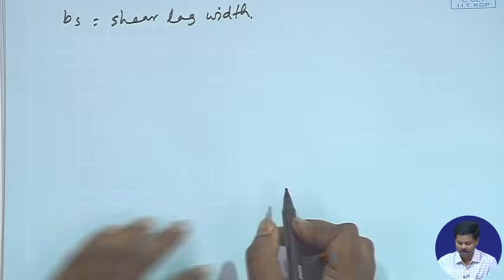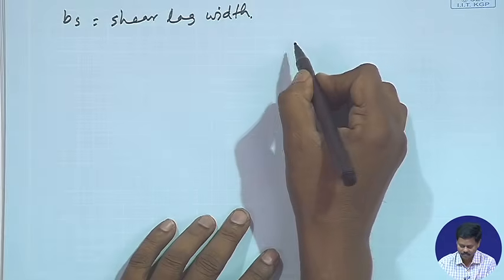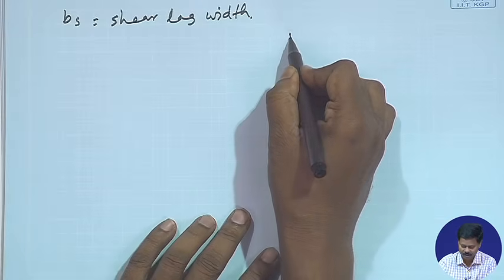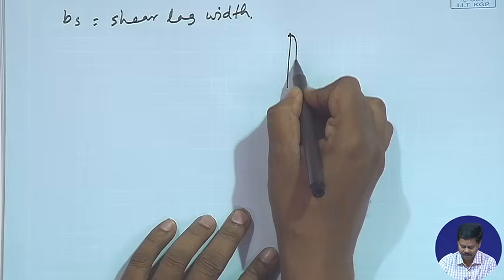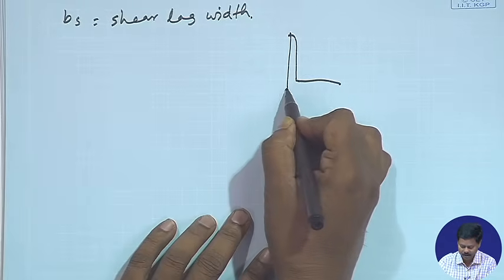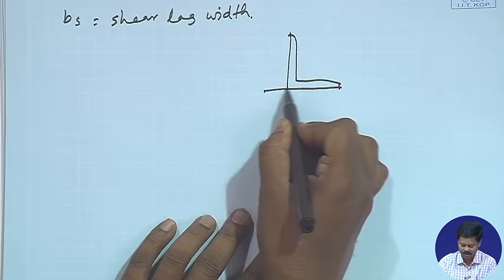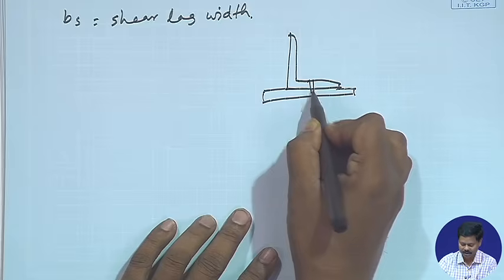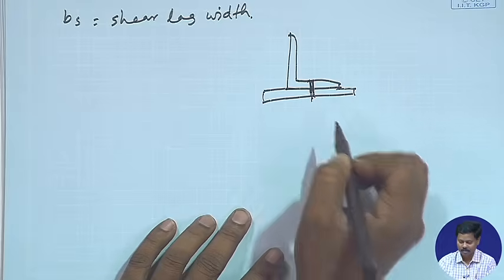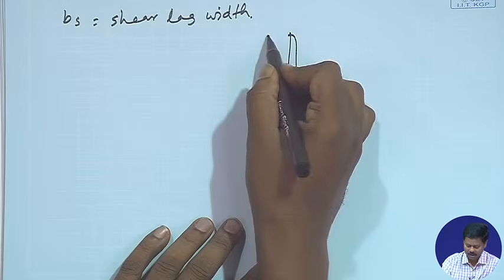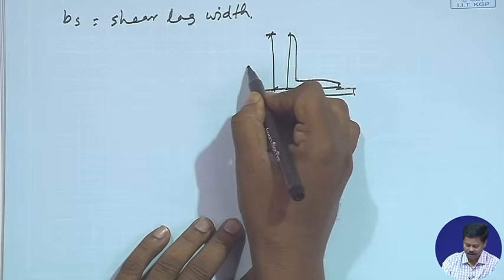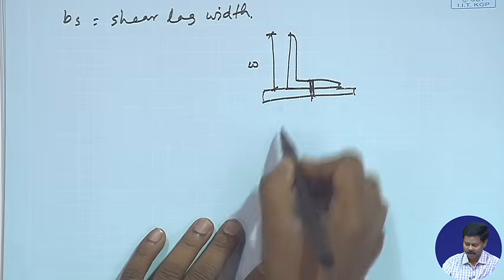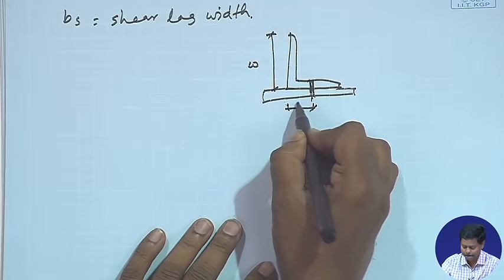How to calculate? You will get details in figure 6 of IS 800:2007. I am just representing that figure here. If an angle is connected with a plate with a bolt connection, then, as I told, the outstanding leg is W, the outstanding leg width, and this we can consider as W1.